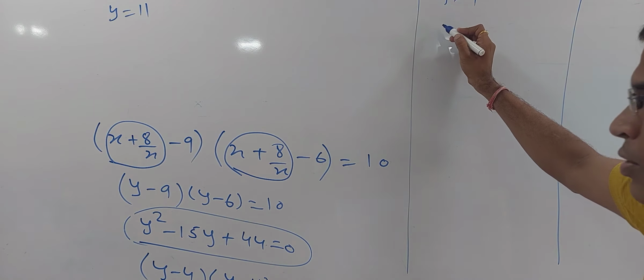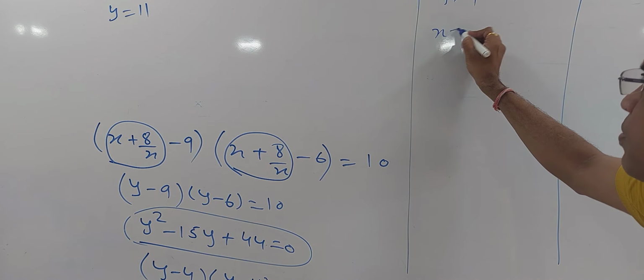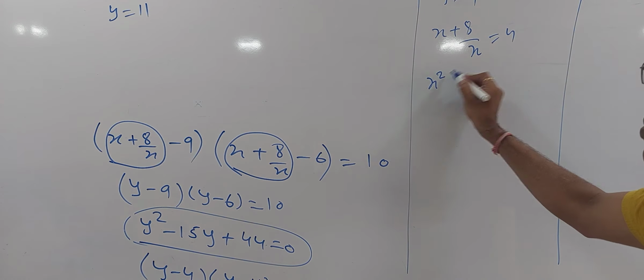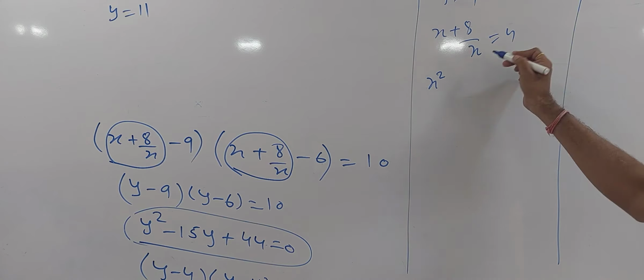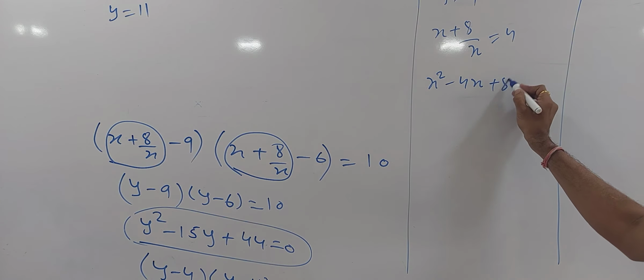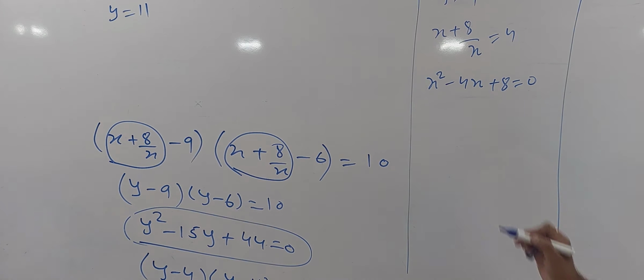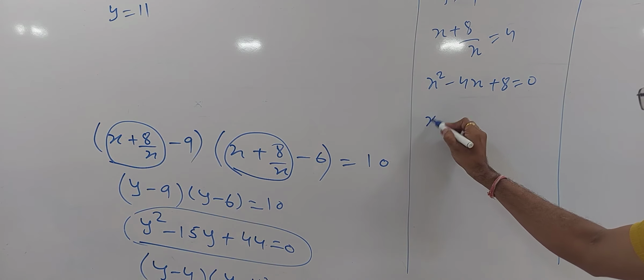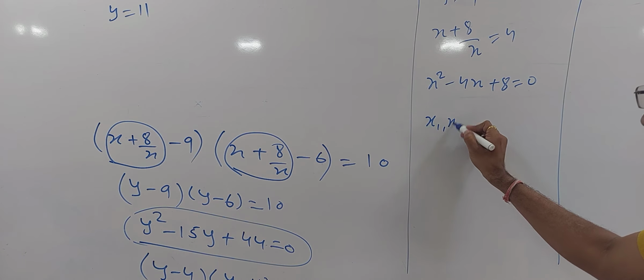First deal with y is equal to 4. So x plus 8 upon x is equal to 4. I am doing the cross multiplication and converting into a quadratic. So it is x square minus 4x plus 8 is equal to 0. Now here we can go with the quadratic formula. So x has two values, x1 and x2.